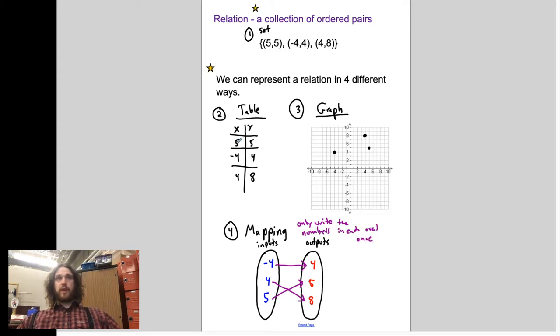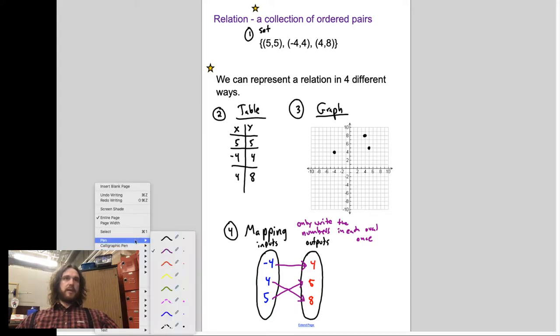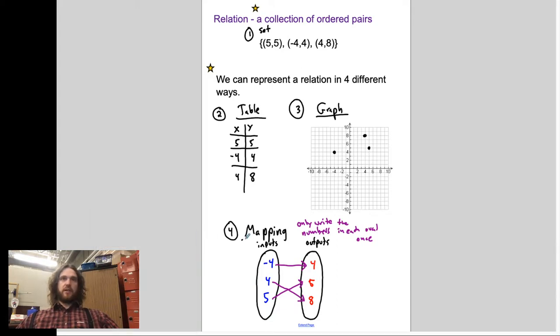So in a table, if there were 2 points, let's say we had the point 5, 8 or 5, 9, you would not need to write 5 twice in the inputs. You just write it once and then add a new arrow. So basically, each number will only appear once in each oval if a number is duplicated. That's the main difference. And you'll see an example of that momentarily.